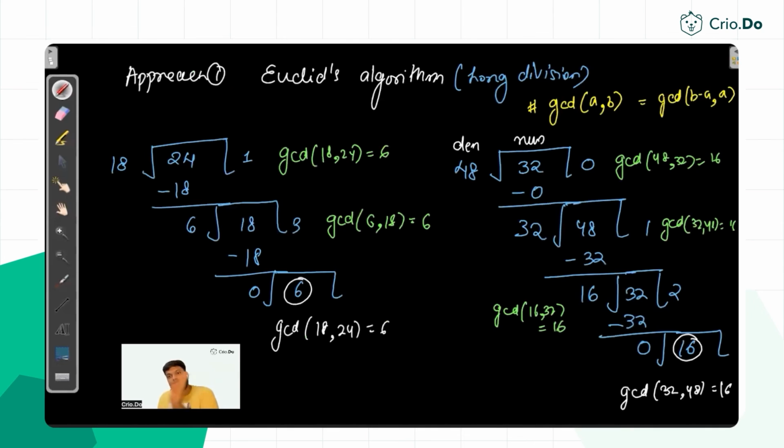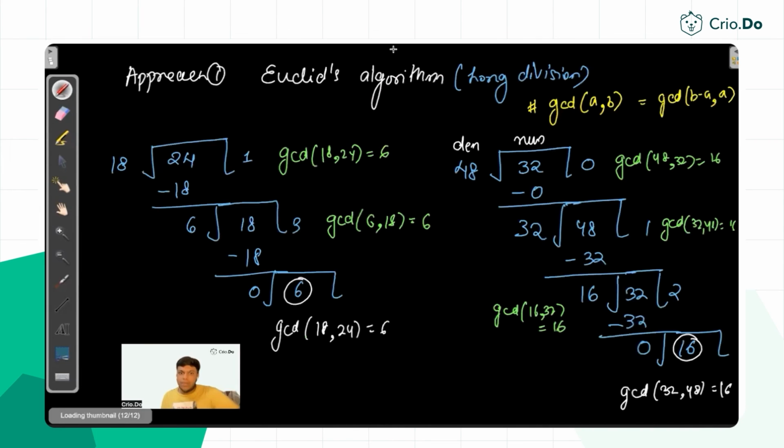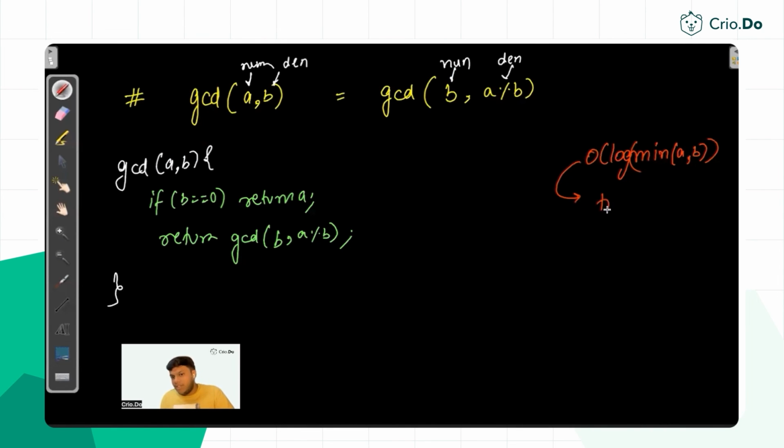So every time we are subtracting the biggest multiple, we are actually going in logarithmic time complexity. We are reaching log of minimum of A comma B in nature. Obviously, the proof is very lengthy and also not required, but surely we can say that the number of steps, the number of iterations, the number of divisions which we require will be only logarithmic in nature. This will be the time.